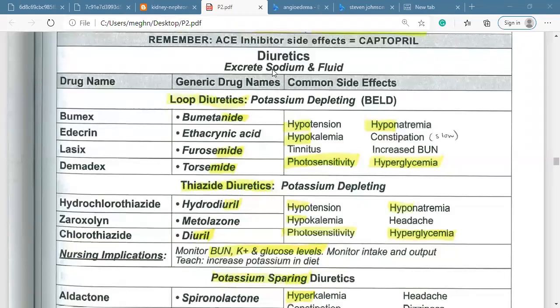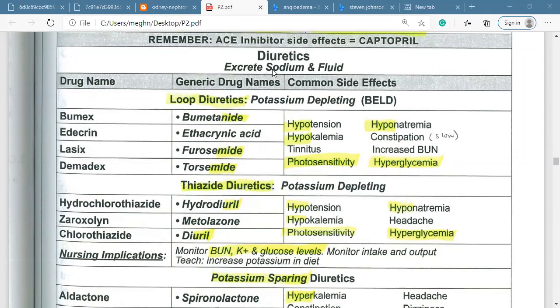So diuretics cause excess urine, meaning fluid goes out from your body as urine. When urine is too much, your body fluid goes down.